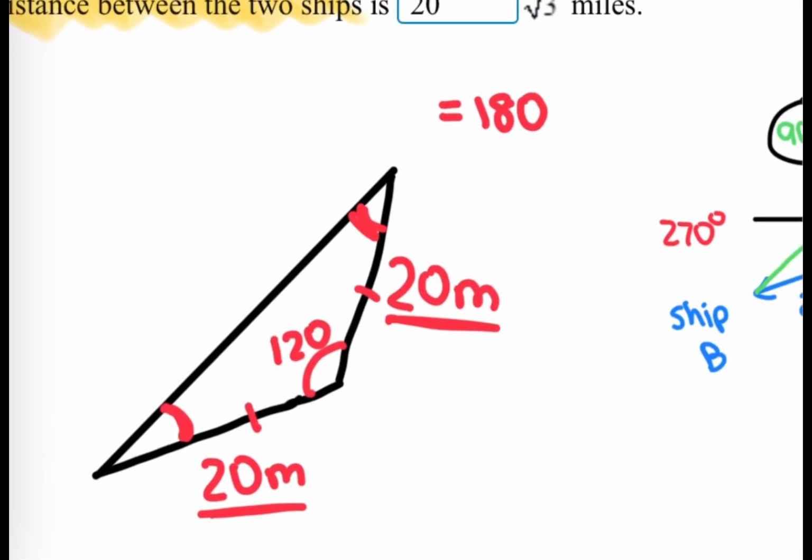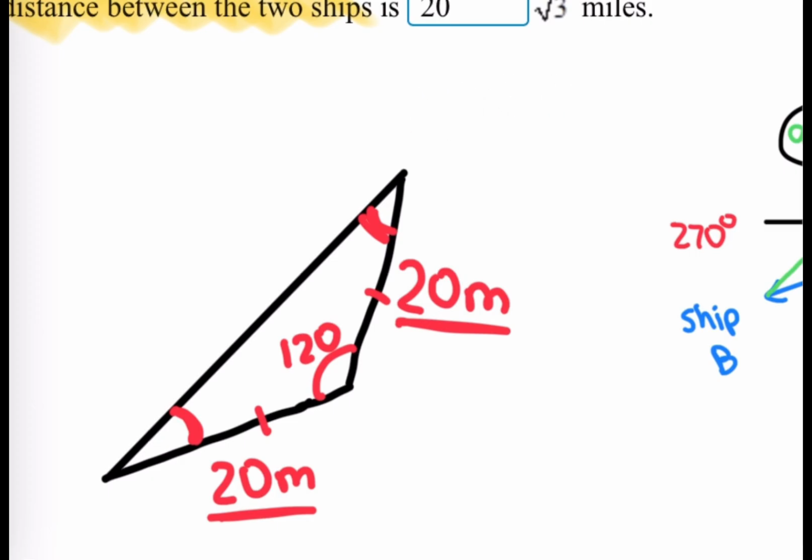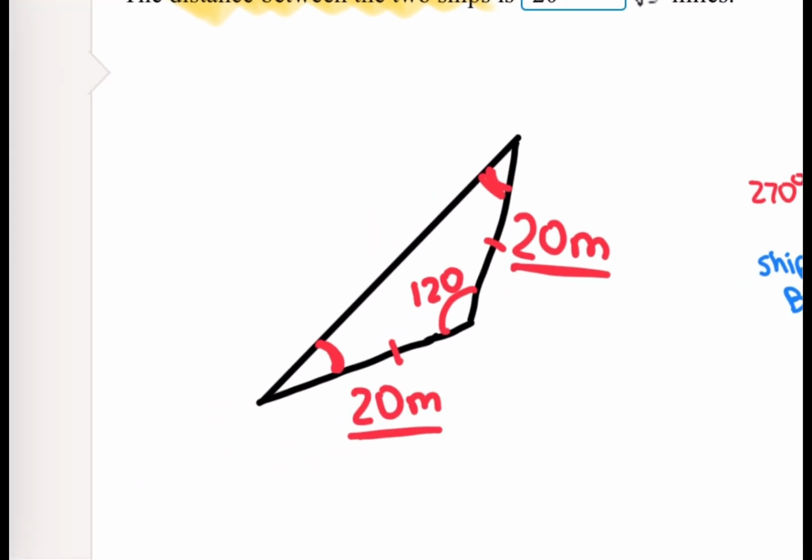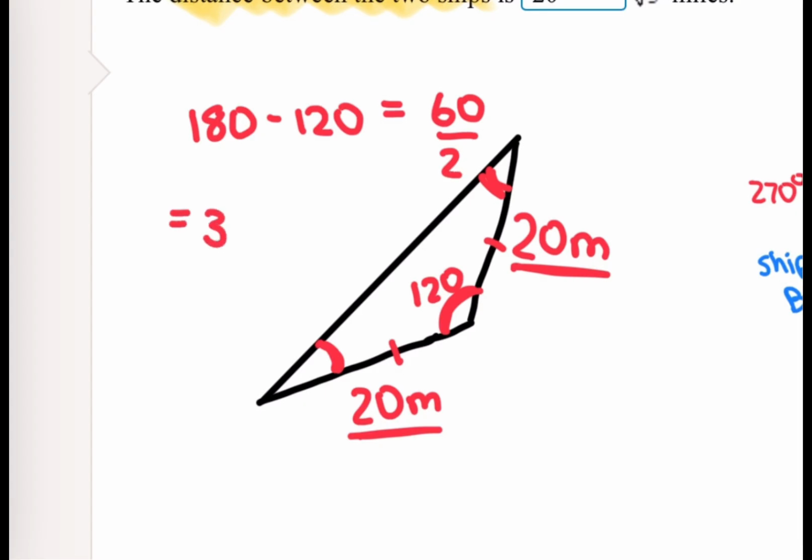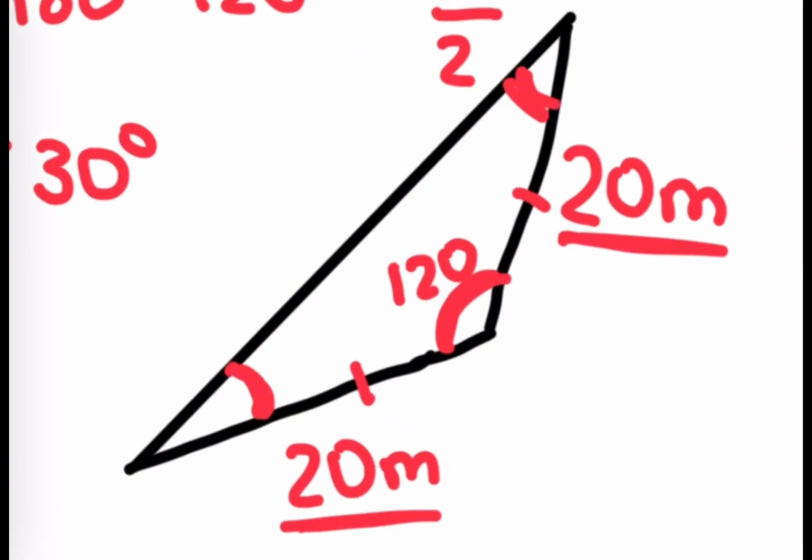So what we're going to do here is 180, which is the sum of all the angles, minus 120, which is the angle we have here, which is equal to 60. We're going to divide 60 by 2, which gives us 30 degrees. That means that these two angles are 30 degrees each.